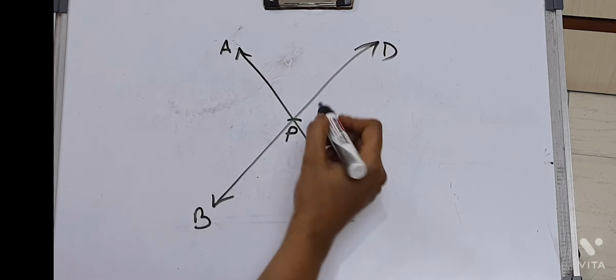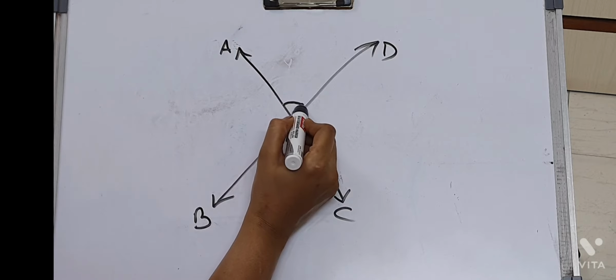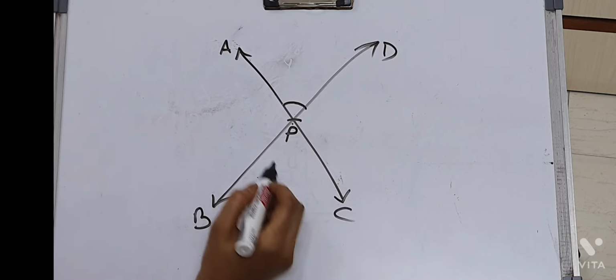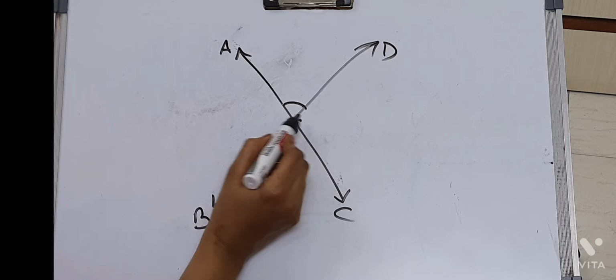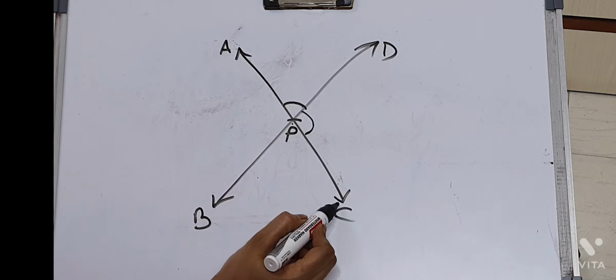Adjacent angles means the nearby angles. Suppose we take angle APD, which is near to this angle, angle DPC.